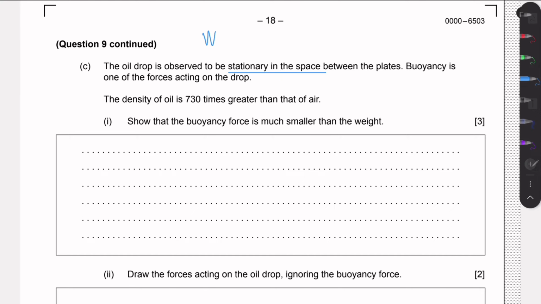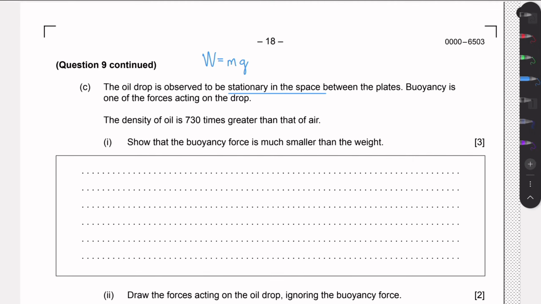Well, first of all, the simplest one is weight is equal to mass times g. But we don't really know the mass of the drop, so it would be ideal to replace that with something. And well, we can, as we know that density is mass over volume. So from this, we see that mass is equal to density times volume.